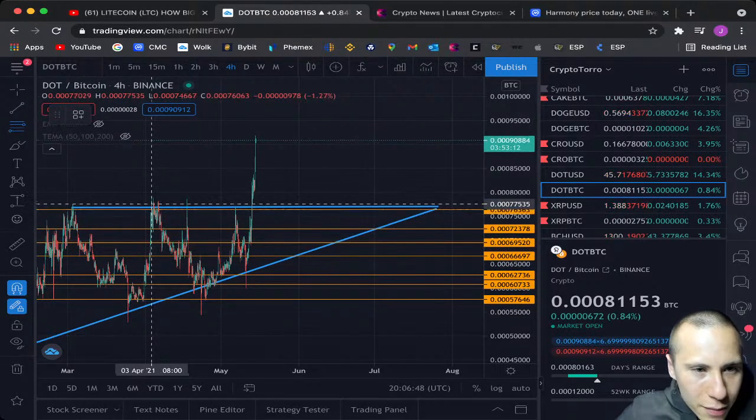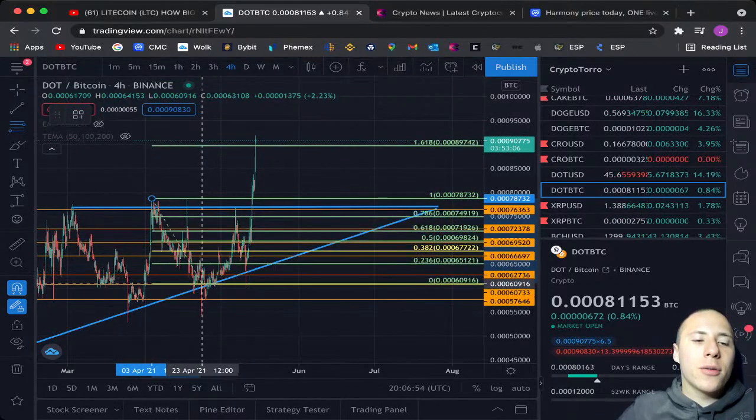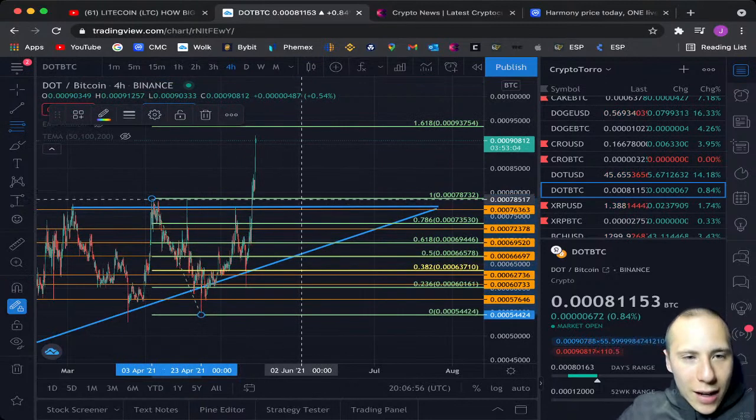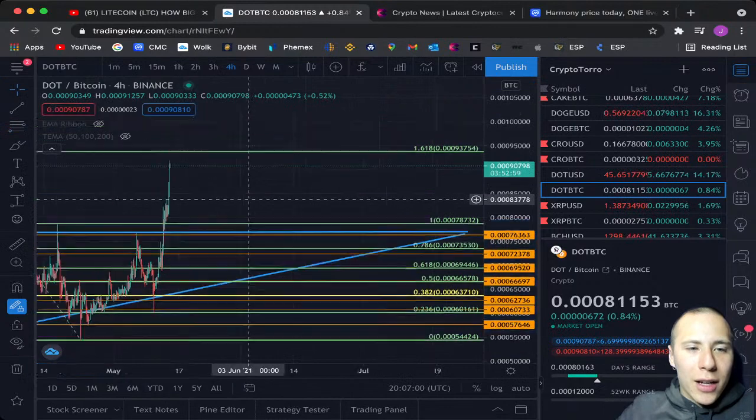So let's take a look. Yes, from swing high towards swing low, and where we are right now, you can take a look at it immediately.